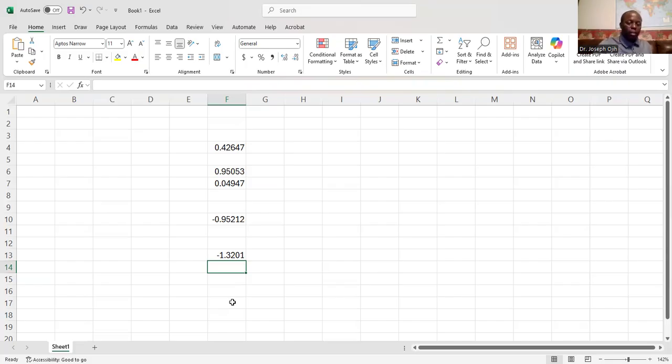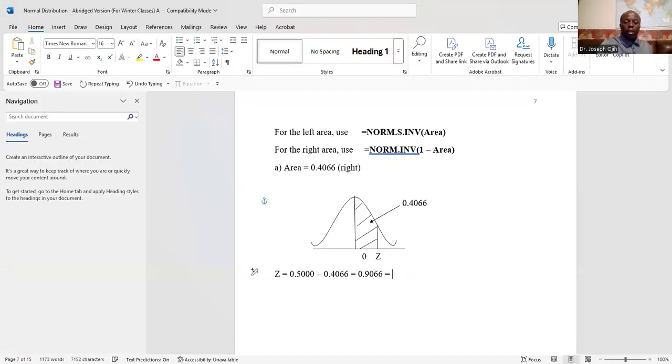If it were on the left side, then you can use negative 1.32. Remember, this is symmetry. The negative sign shows the left side, positive shows the right side. So Excel sometimes can mix them up a little bit. Any question on this?